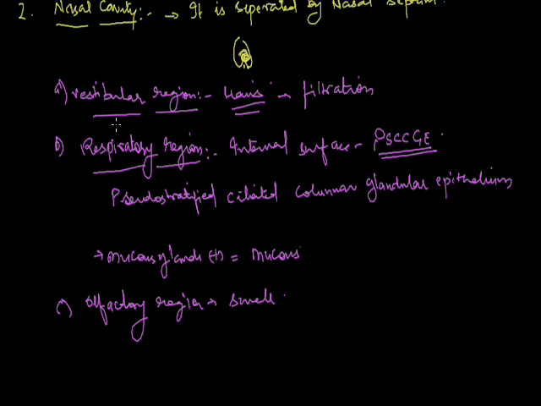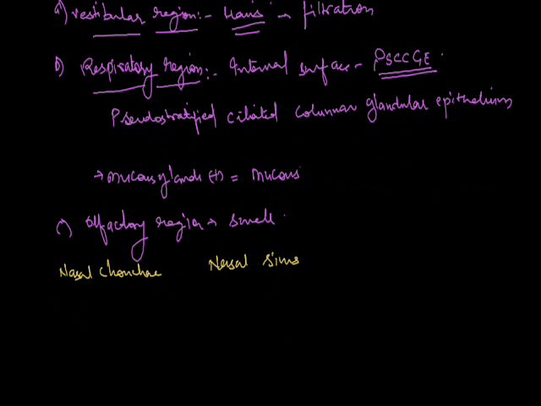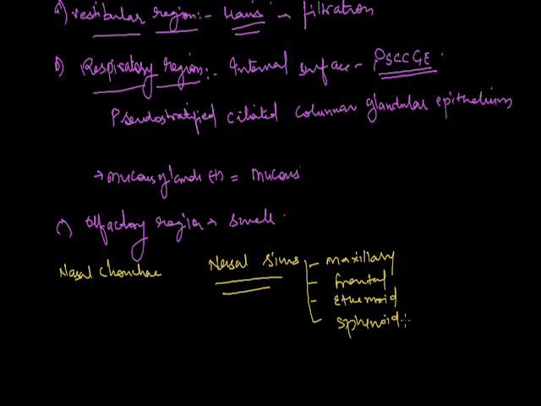The structures are the nasal conchae and nasal sinus. These are the bony structures present inside the nasal cavity. The nasal sinus is made of four bony structures, that is the maxillary, frontal, ethmoid, and sphenoid.